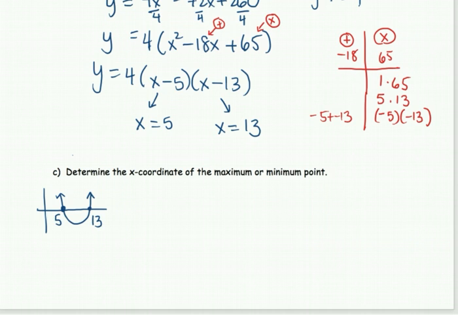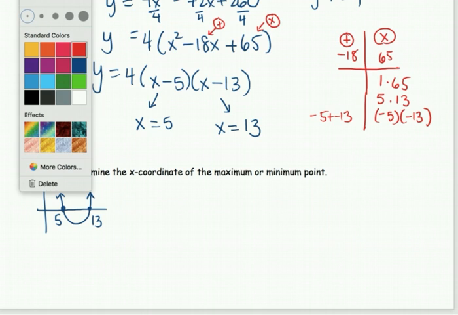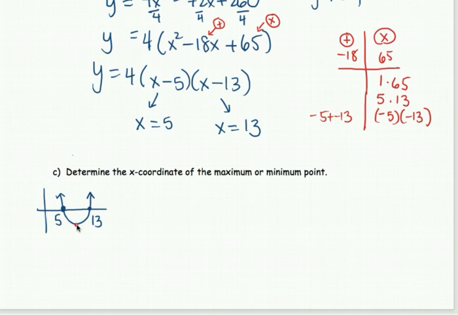Right now we're trying to figure out the x value of the minimum point right there. Here it's a point, right? We're trying to find the x. Remember these are the x-intercepts. So if we're looking at where this minimum point is, you know it's the vertex, right?